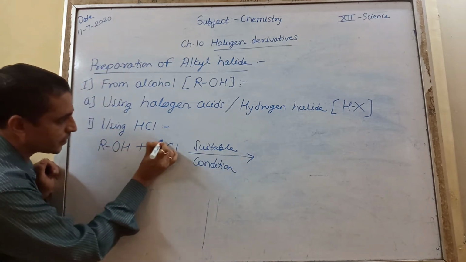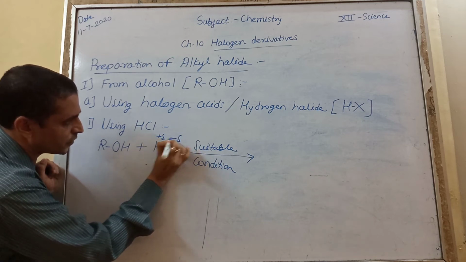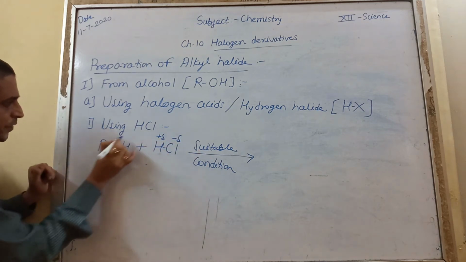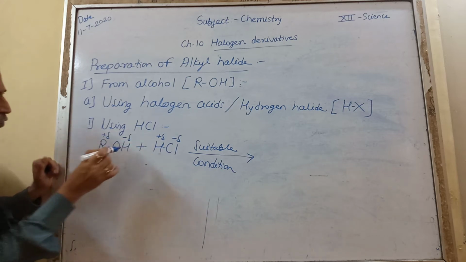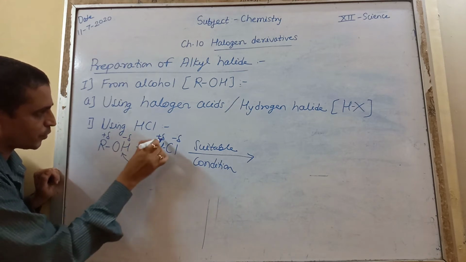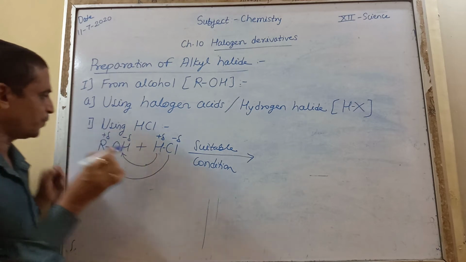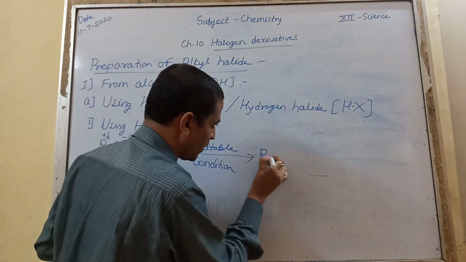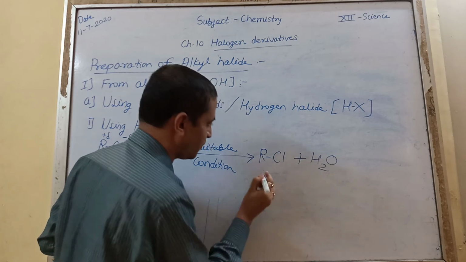You remember that H is always positive, Cl is always negative. Similarly, OH is negative, R is what? Positive. So always H is attracted towards OH, because positive is attracted towards negative and negative is attracted towards what? Positive. So you will get product RCl plus water. It is called what?